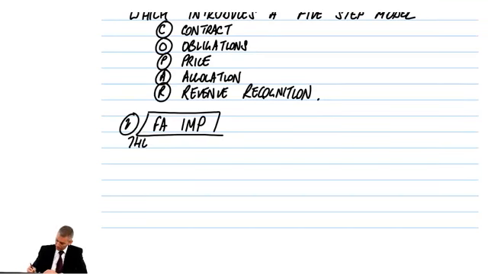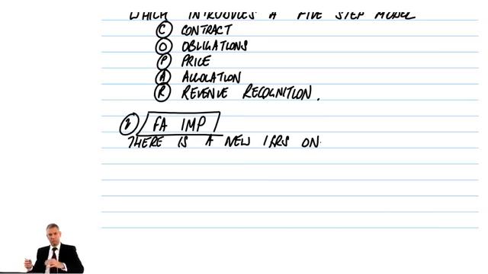But what is this? This thing, financial asset impairment, FA-IMP, is what you probably know as being bad debts allowance. So there's a new IFRS on bad debts.